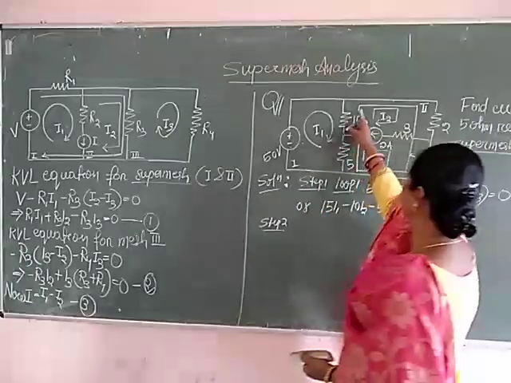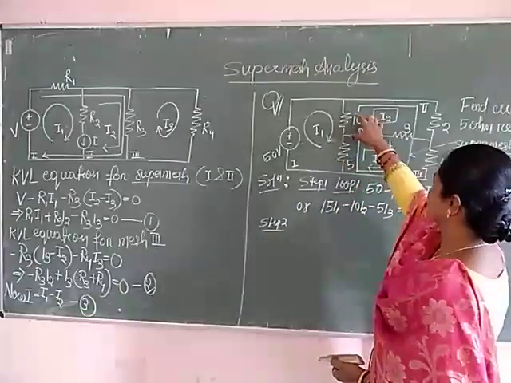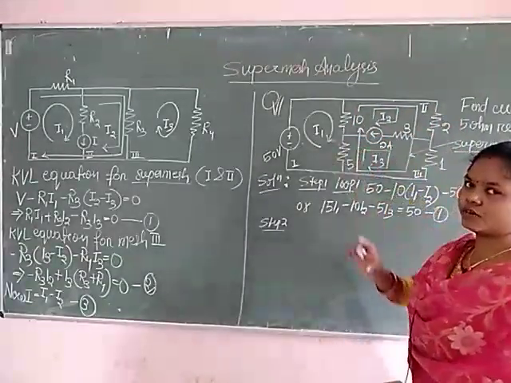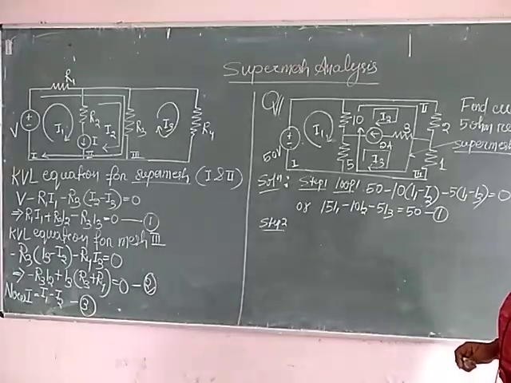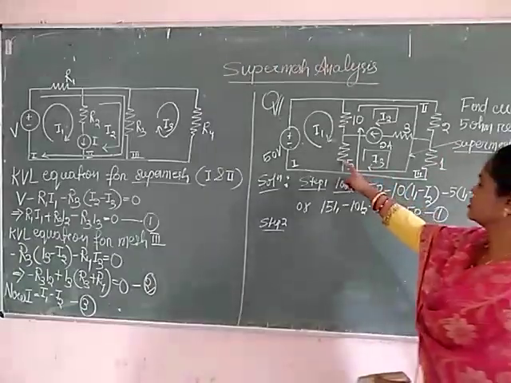What is the KVL? This super mesh consists of how many parameters? This resistor, this one and this one, 4 resistors, only voltage drops. The algebraic sum of voltage drops is equal to 0 across 10 ohm, across 2 ohm, across 1 ohm and across 5 ohm.